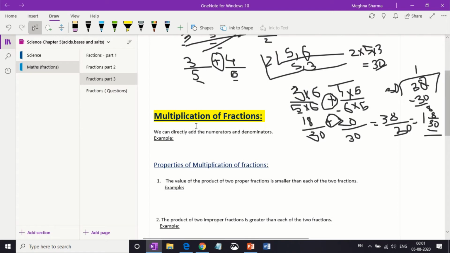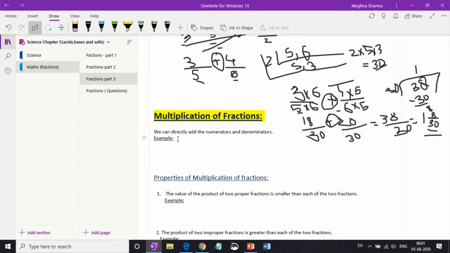Now multiplication of fractions. In this multiplication, we can directly multiply the numerators, and we also multiply the denominators. Now let me take an example.